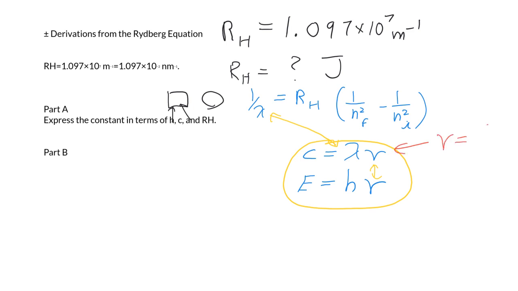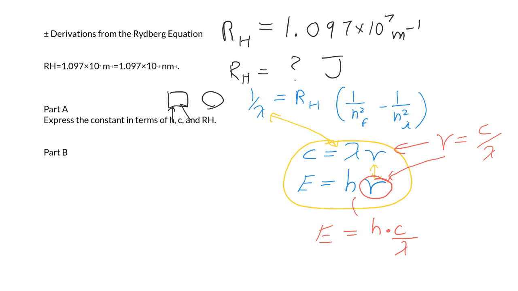Frequency is equal to the speed of light divided by wavelength. I'm then going to substitute into my energy equation, and that gives me energy is equal to Planck's constant times the speed of light divided by wavelength.